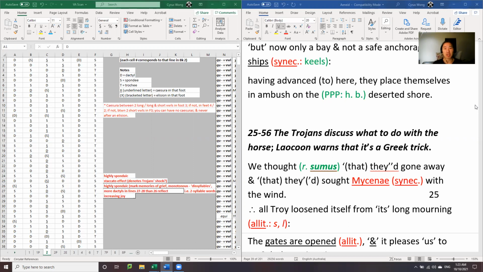A good example of a line in book 1 where there's a combination was when Aeolus released the wind. Aeolus was bribed by Juno to blow the Trojan fleet off course, and what he does is he pierces the side of the mountain where the winds are being kept in check. The scansion, I think, is spondaic, just to show that the winds are being contained.